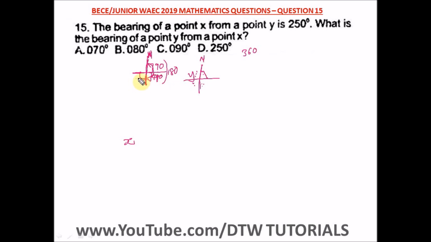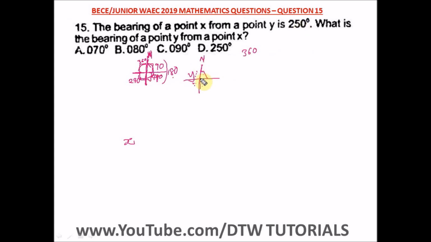Add another 90 here, we have 270. Add another 90 here, this will be 360. So this 250 would definitely fall somewhere here.